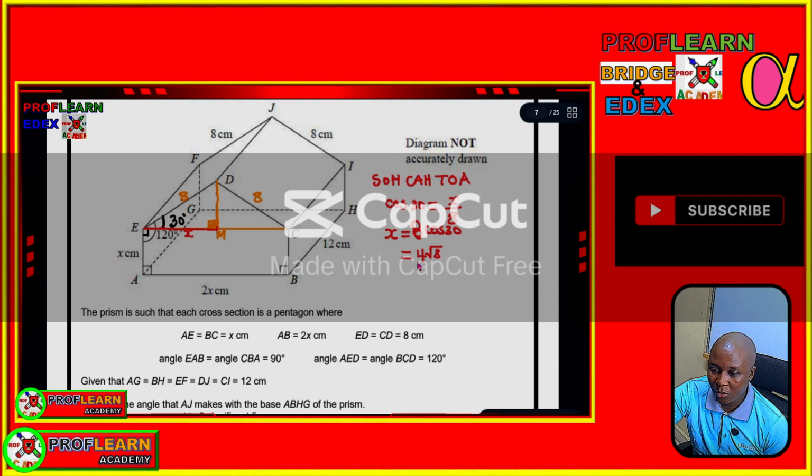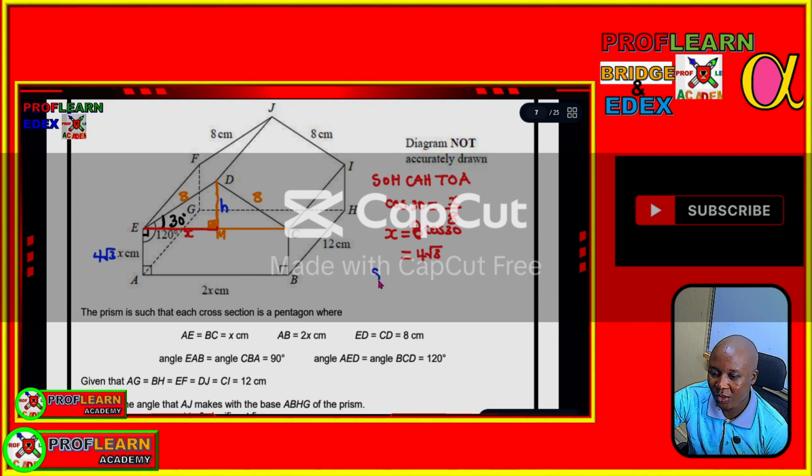Then we can find the height. AE is x, which is 4√3, and we can use SOHCAHTOA again to find the height DM, which is opposite to 30 degrees, with the hypotenuse 8 centimeters.